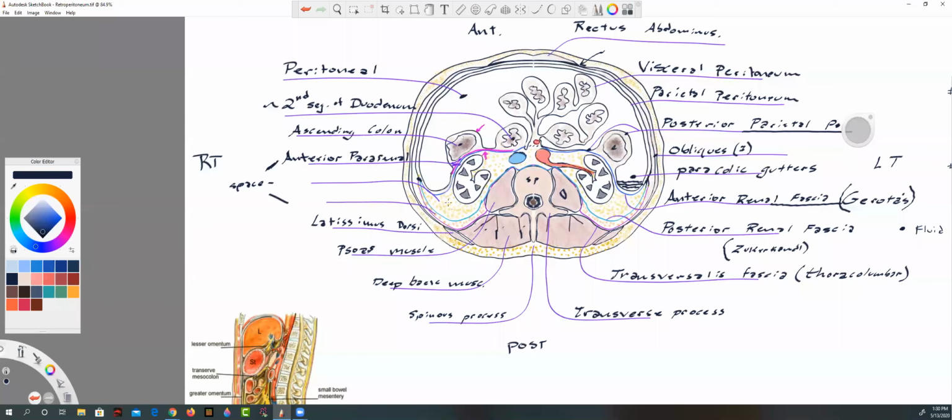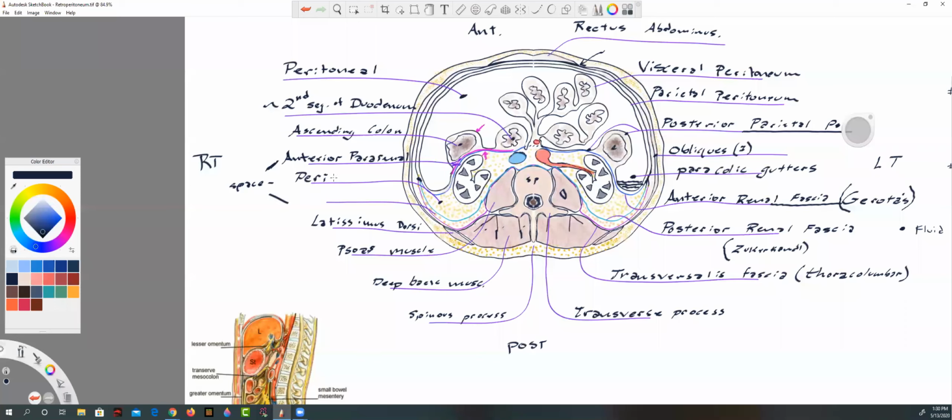And then this one is the fat that is actually in contact with the renal capsule, the kidney itself. I have a line going right to here, and that is the perirenal space. I have more to say on all these, but I don't have room to write it, so I'll write it somewhere else.